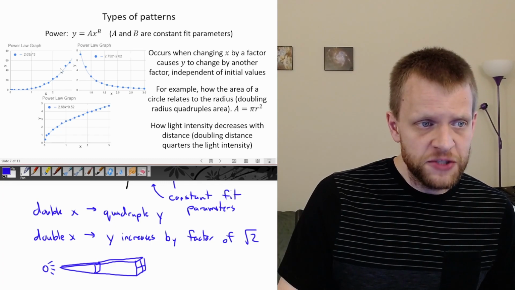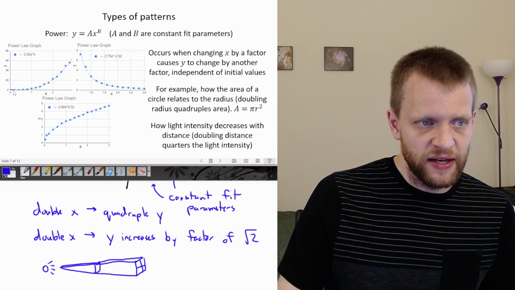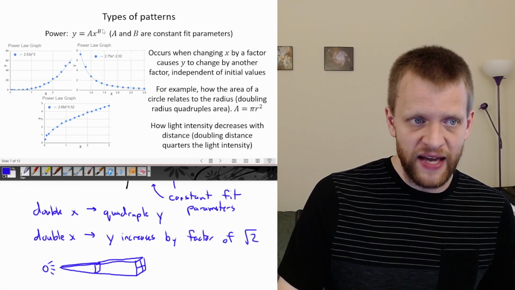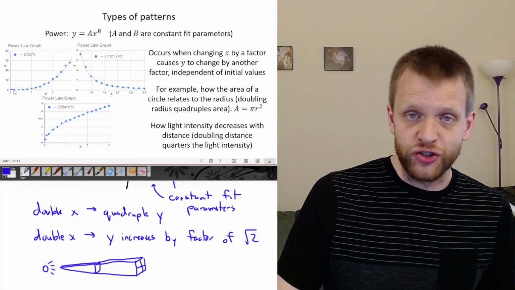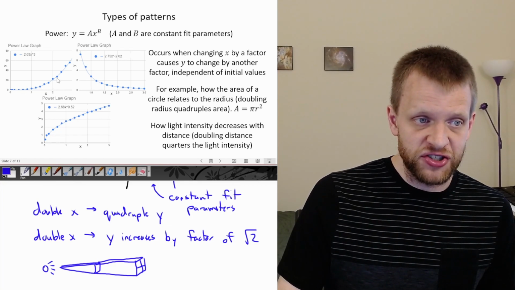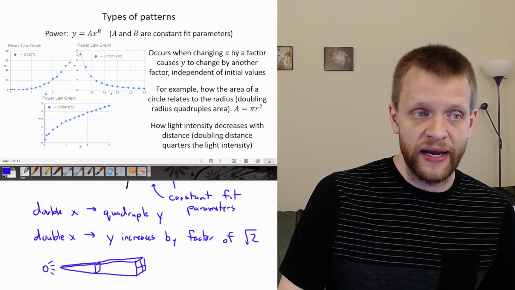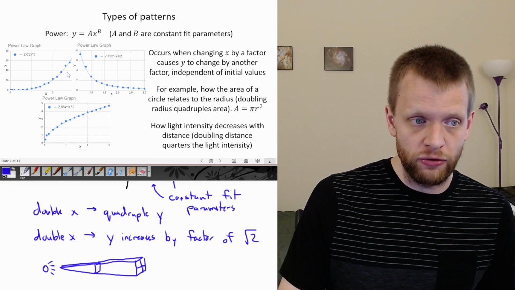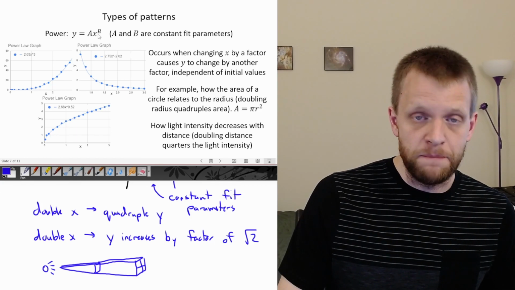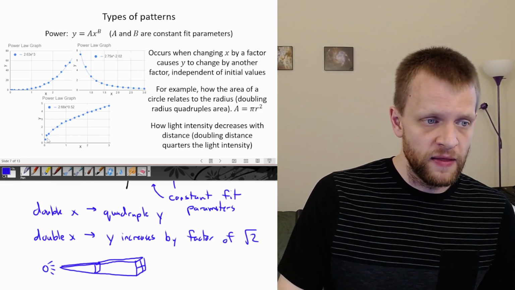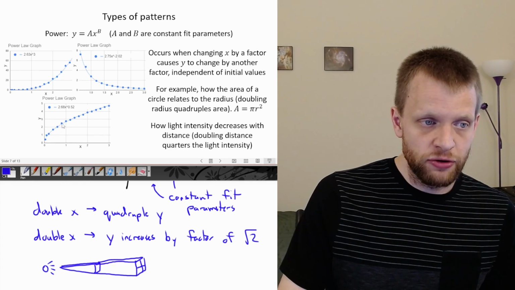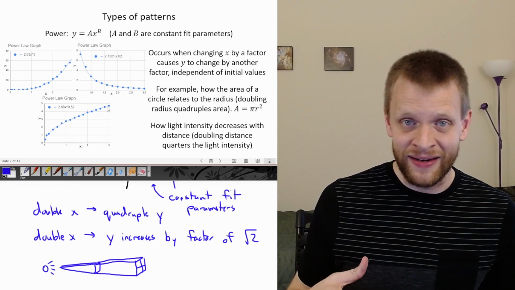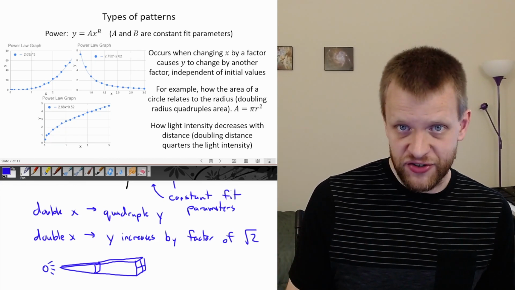And for these particular shapes, just to highlight what they're going to look like, if that exponent term, that b value, is greater than 1, you're going to get this increasing at a greater and greater rate. As x increases, y is going to be increasing at a greater and greater rate. If b is between 0 and 1, then as x increases, y is going to be increasing, but at an ever slower rate.